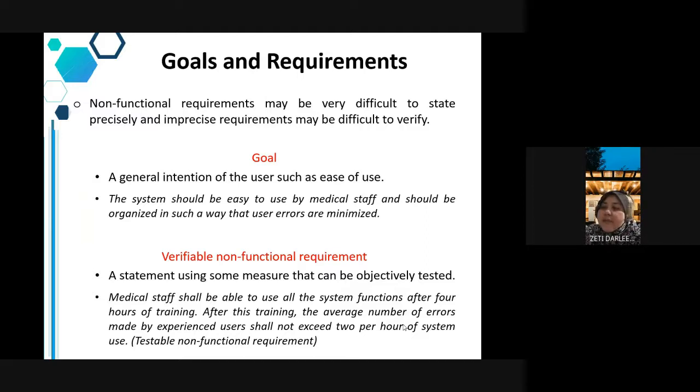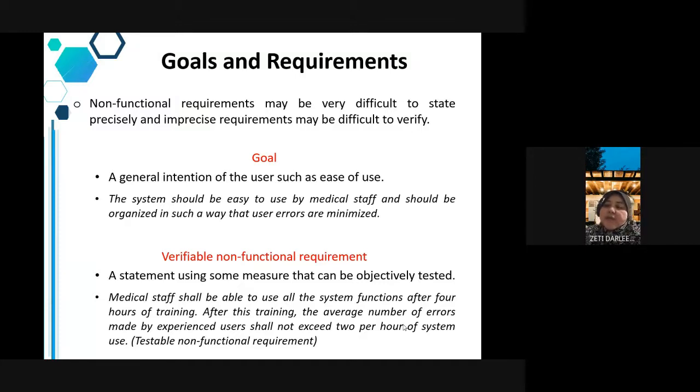So verifiable non-functional requirements is basically kita nak make sure that benda tu is the things yang kita boleh achieve through testing. So benda tu yang kita kena test. For example, medical staff shall be able to use all the system functions after 4 hours of training.